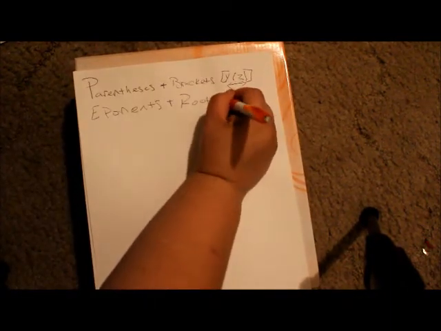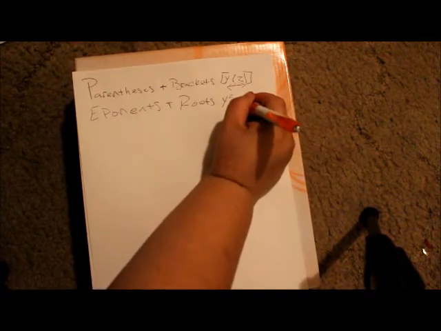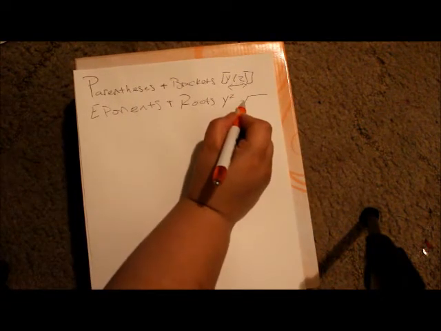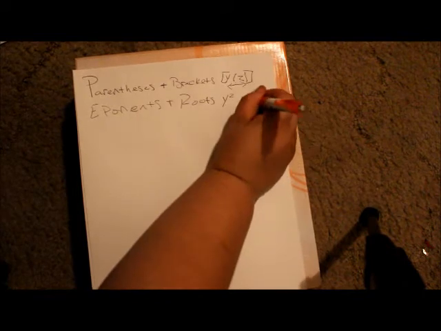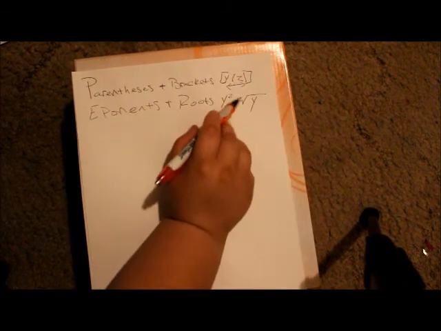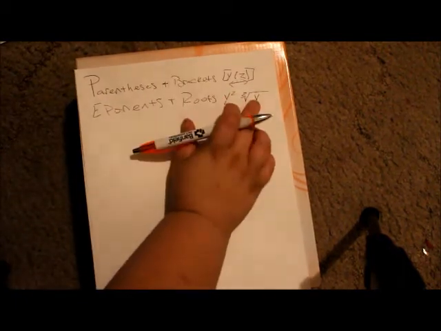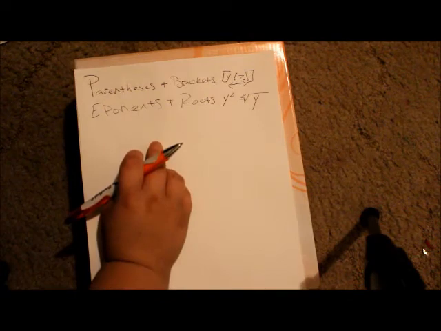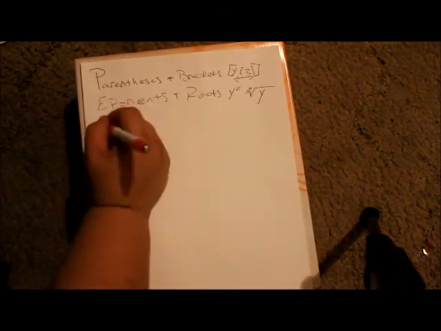And exponents look like that, and roots kind of look like a long division symbol, but it has that little bracket thing there, and Y. And when you don't see a number there, it's assumed as being a 2. So these two are reciprocals of each other. Then you have multiplication, division.